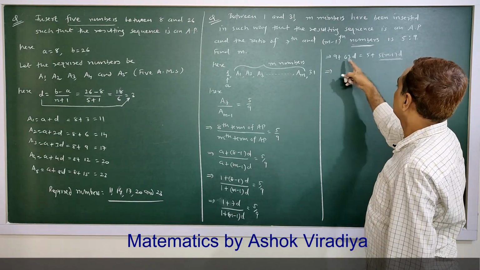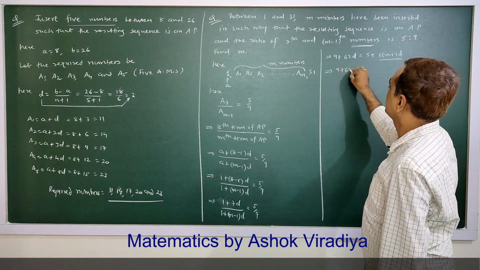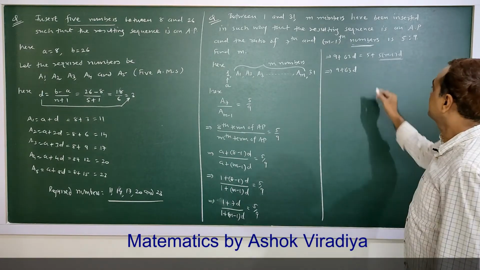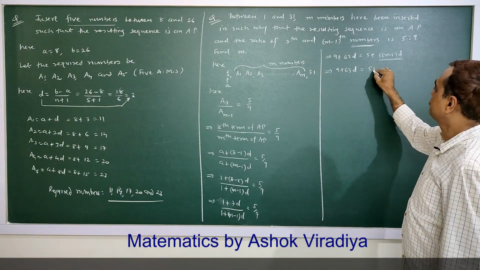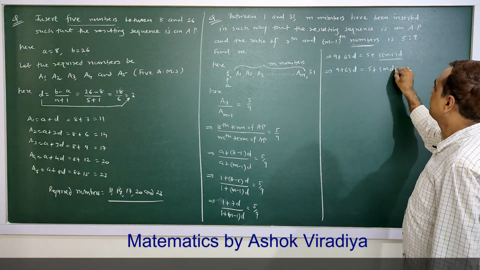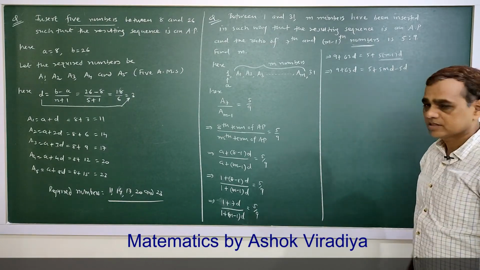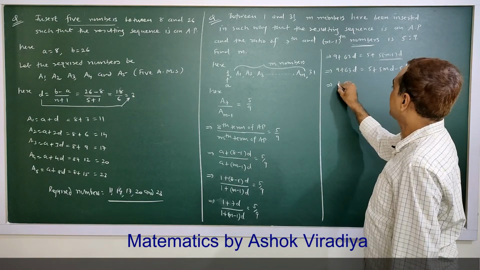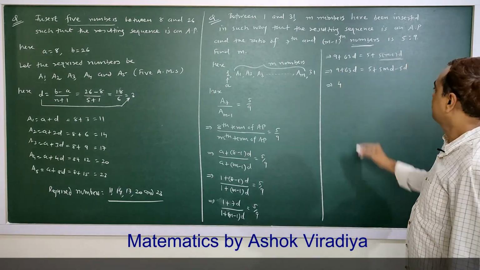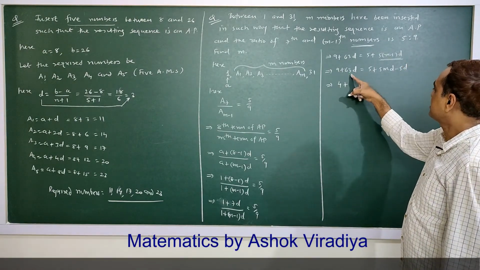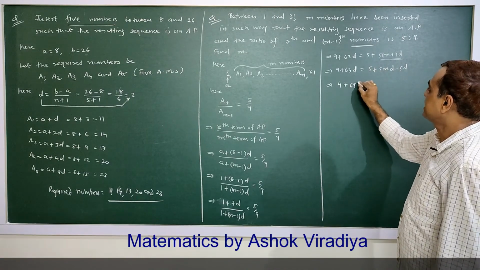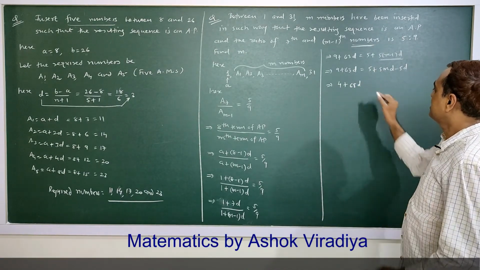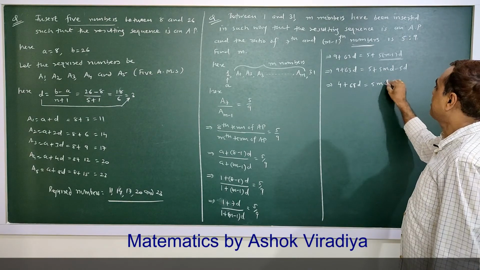So this is 9 plus 63d equal to 5 plus 5md minus 5d. That is, 9 minus 5 is 4, plus 63D plus 5D is 68D, equal to 5MD.